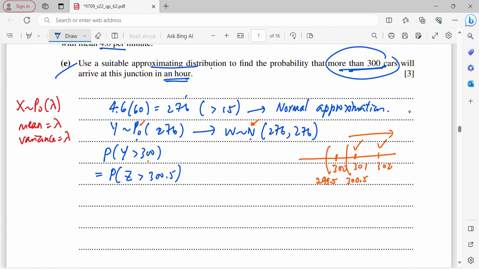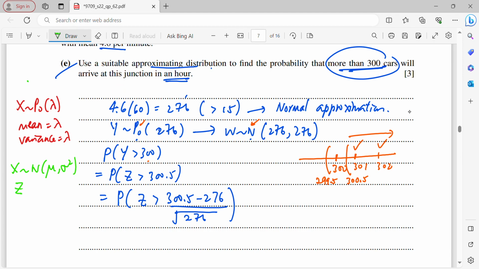Then now I will standardize this. So when I standardize this, I will subtract the mean, so minus 276, over the standard deviation. Okay, this is the formula I'm using. So X is normally distributed, mean mu variance sigma squared. When you standardize it, it will be X minus mu over sigma.